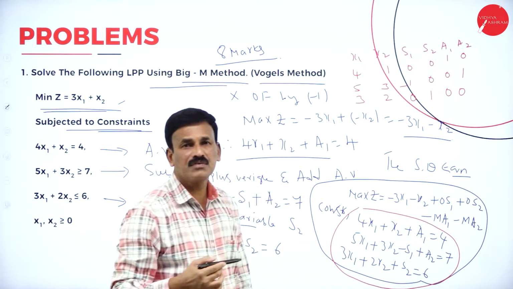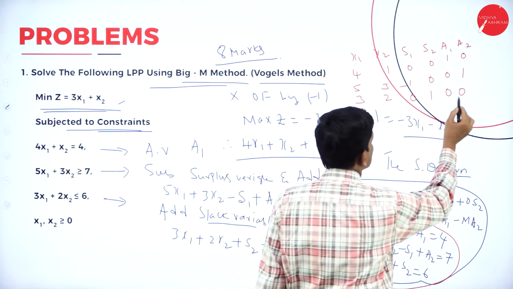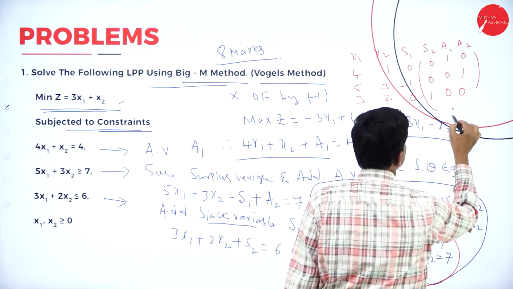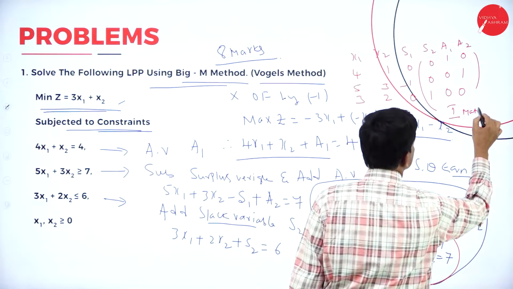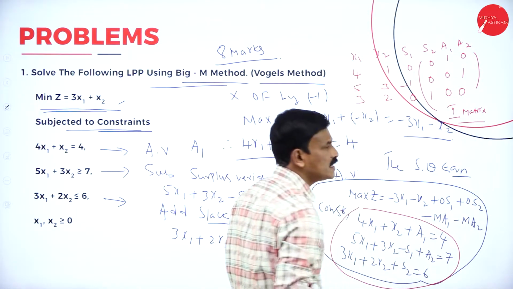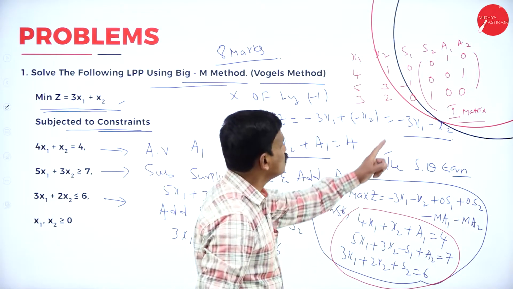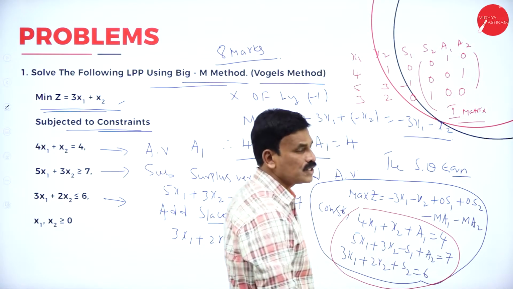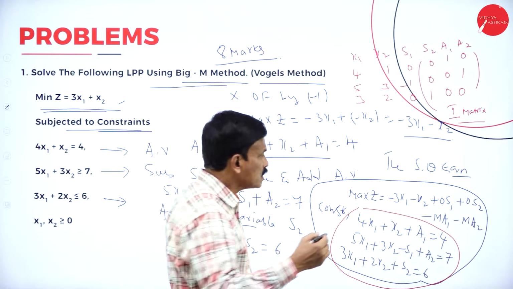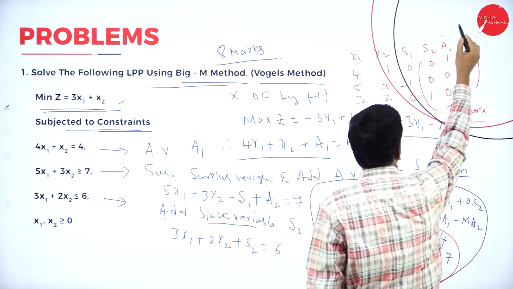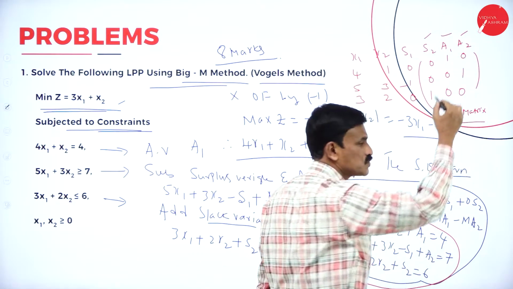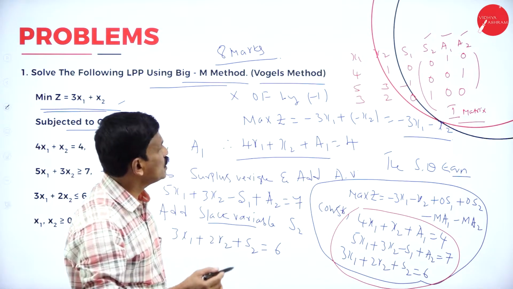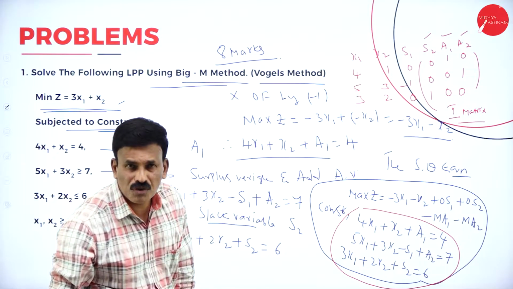Now if you observe carefully, this 1 0 0, 0 1 0, 0 0 1 forms an identity matrix of order 3 by 3. So in the initial basic values we are going to consider a1, a2 and s2 in the first initial simplex table, along with their coefficients.